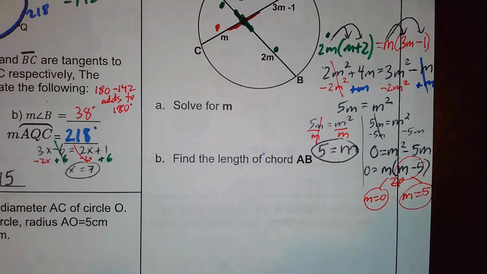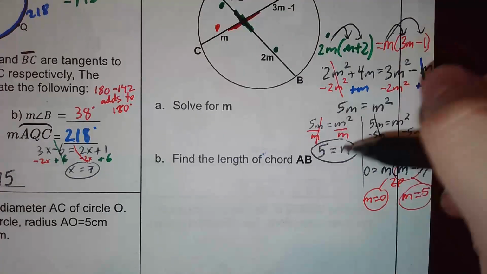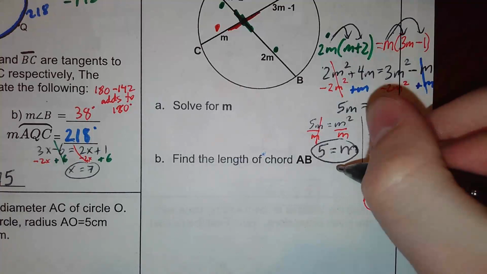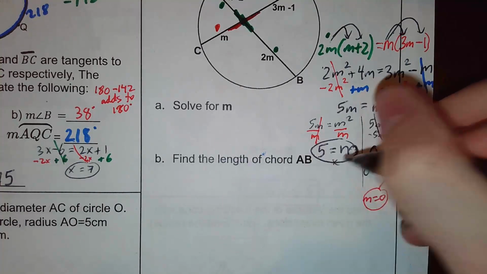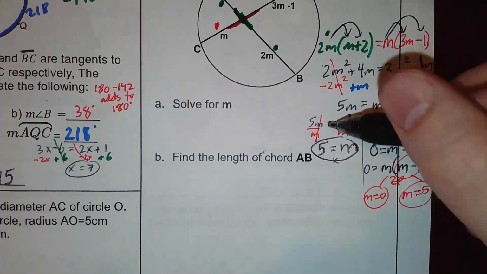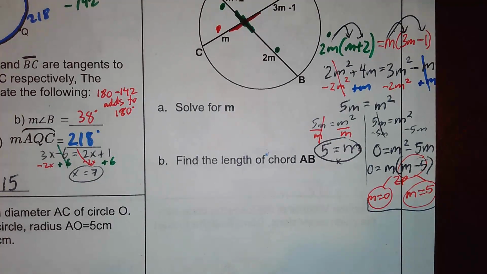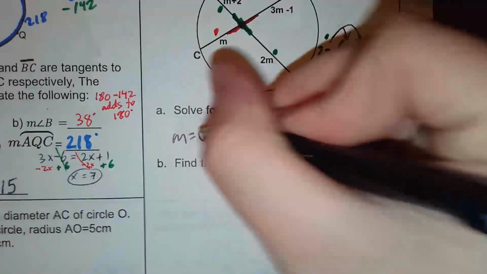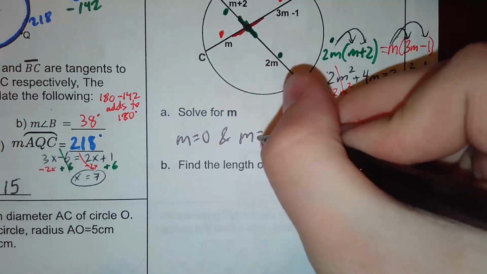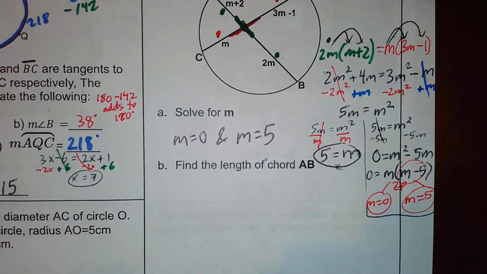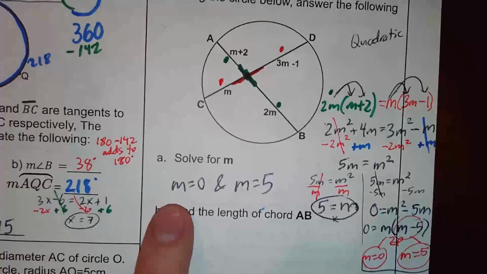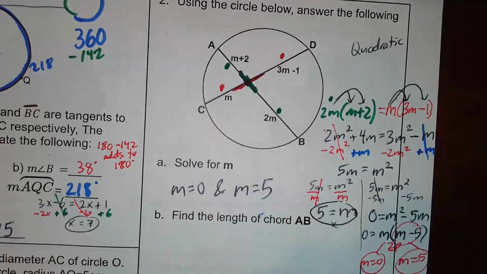Now, check this out. If I did it this way, I would have one solution. It's quadratic, though. It's a strange case. If I do it this way, I'll have 2 solutions. So my answer is m equals 0 and m equals 5. But please check your work. Does an answer of 0 make sense for this situation?